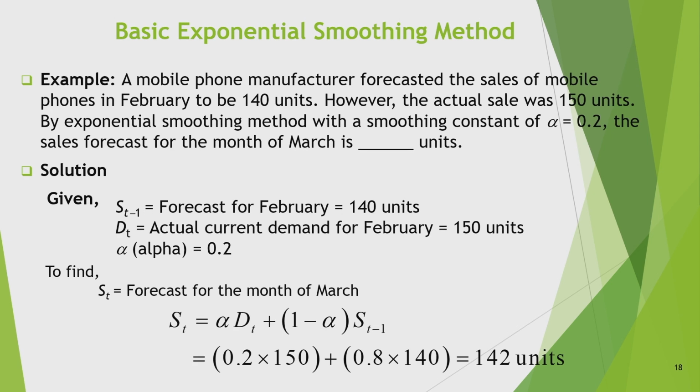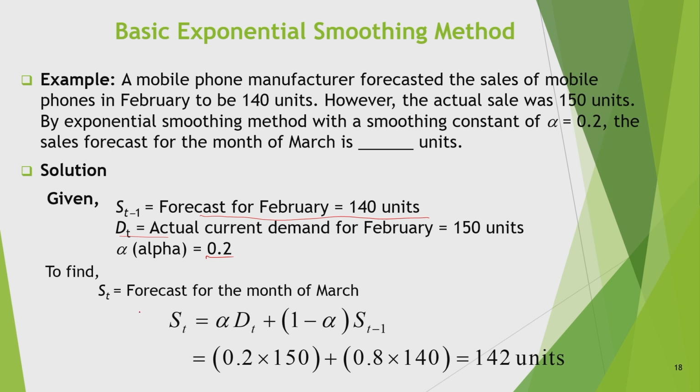So, up to February you have the data, and you have to predict for the next month. But you had estimated for February, the forecast for February was 140 units. So, this I am calling S(t-1). In the time period, actual demand for February was d(t), that is 150 units, alpha is equal to 0.2.